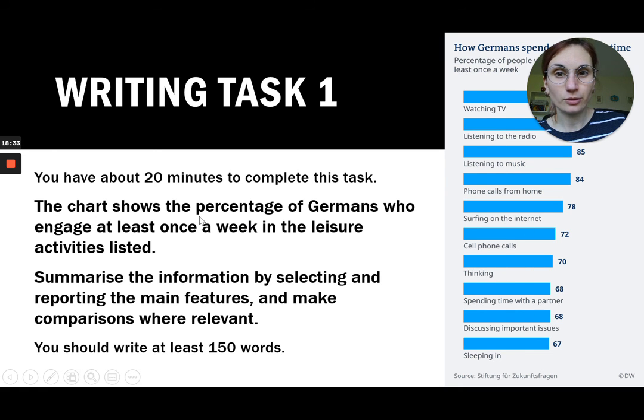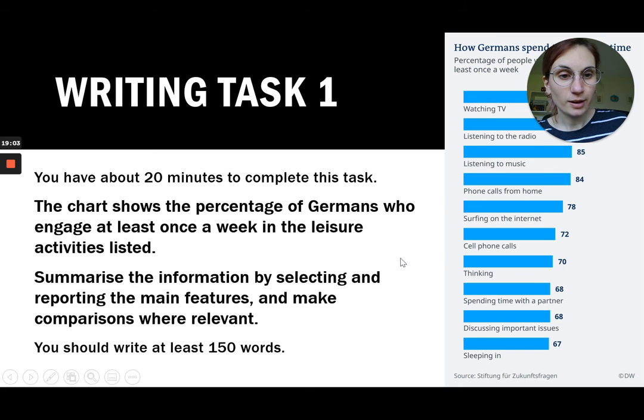So the chart shows the percentage of Germans who engage at least once a week in the leisure activities listed. So we have a list here of the activities. Summarize the information by selecting and reporting the main features and make comparisons where relevant. So that's it. You're going to describe this chart here in 150 words or more and within 20 minutes.